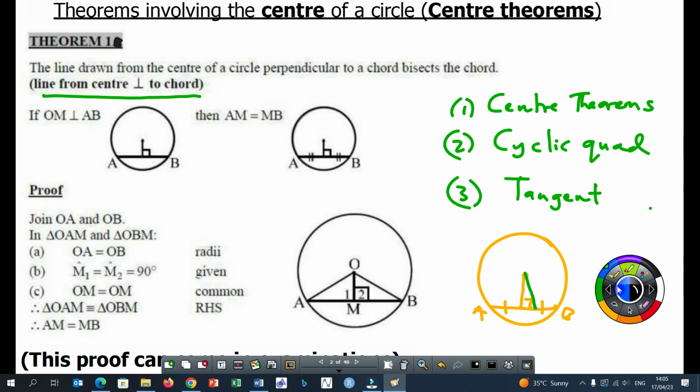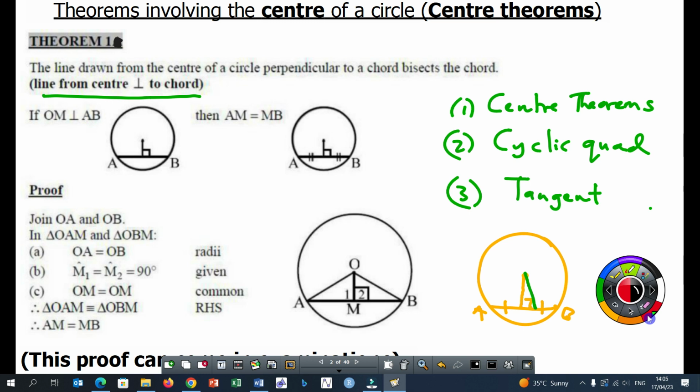Now, if you want to do the proof, you need some knowledge of congruency. Remember I did congruency, the 4 conditions of congruency. What are the 4 conditions? You have RHS, triple S, SAS, and you also have angle side angle, or double AS.